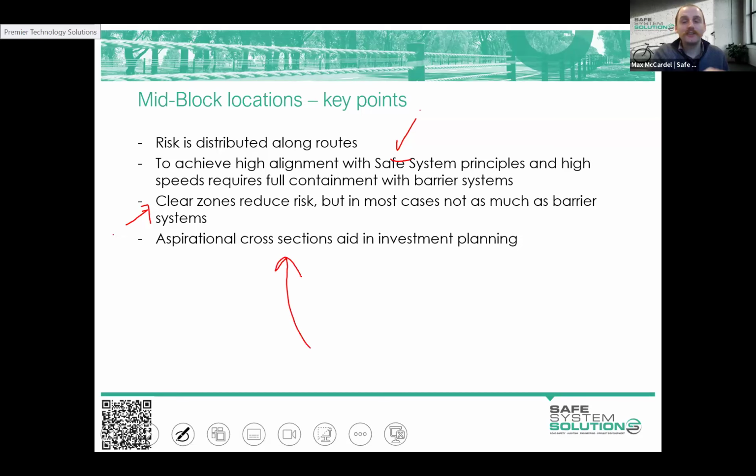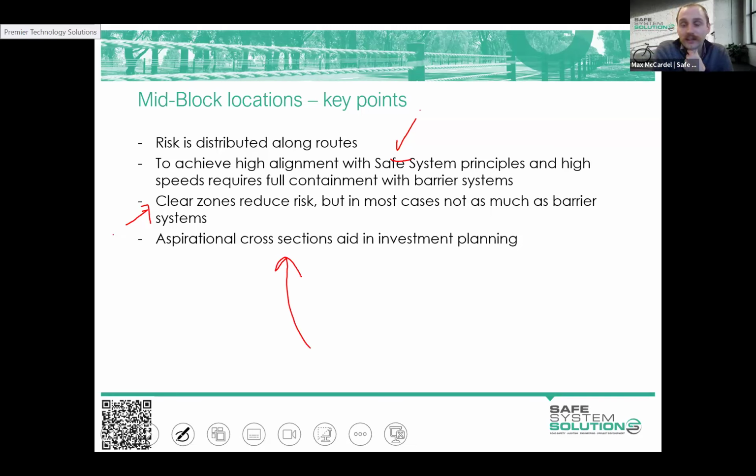The aspirational cross sections that we just jotted through, that's more futuristic, strategic planning of future road environments, but also how you could potentially upgrade or transform existing networks to look like that aspiration.